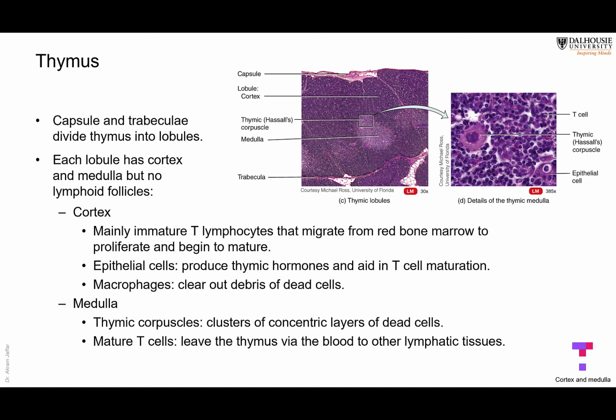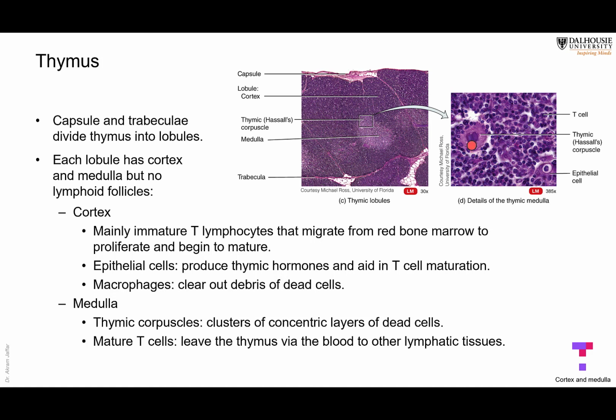At the same time, there are macrophages. If any of the T cells fail to mature, or if they die, they are going to be attacked by these macrophages and dumped into the medulla.